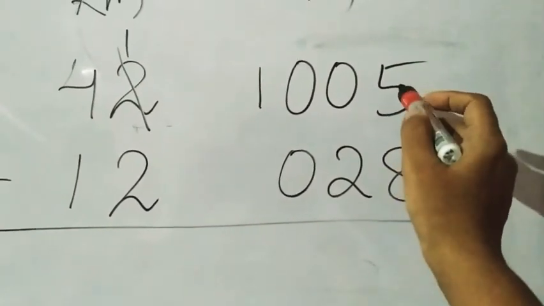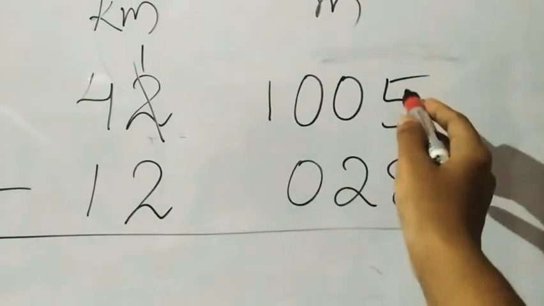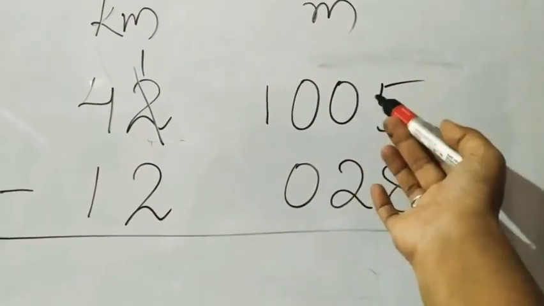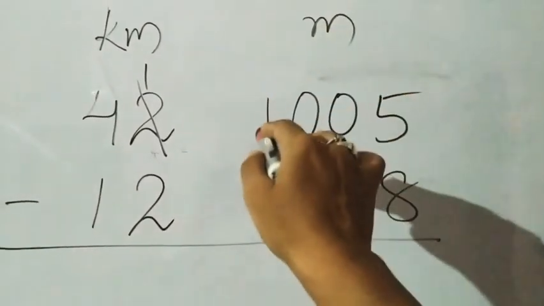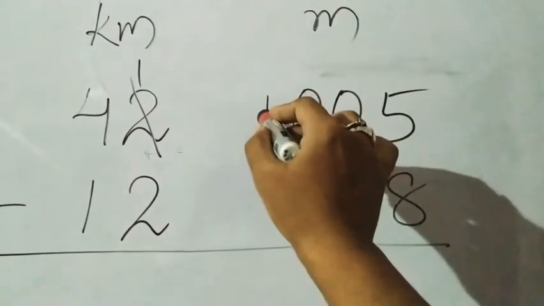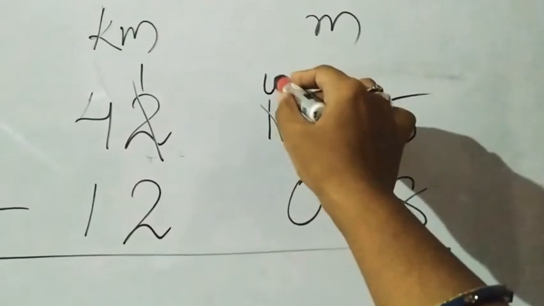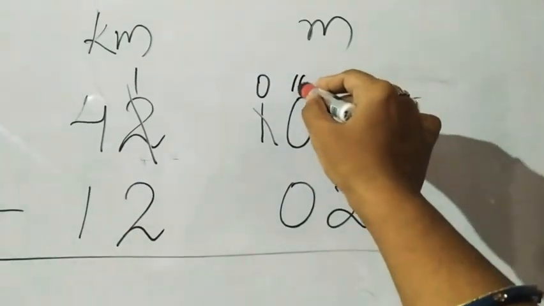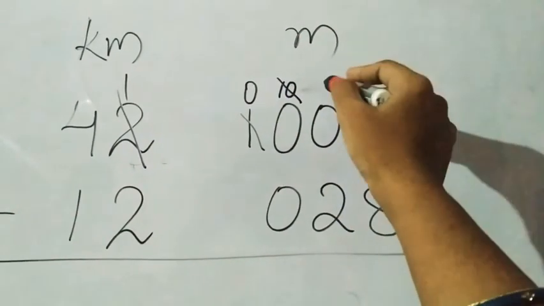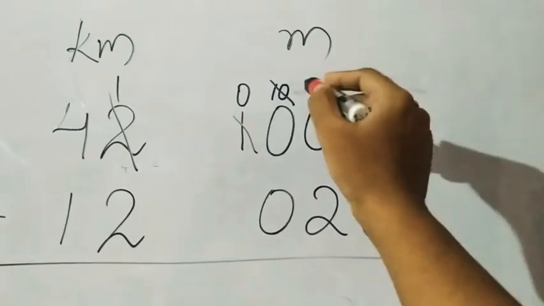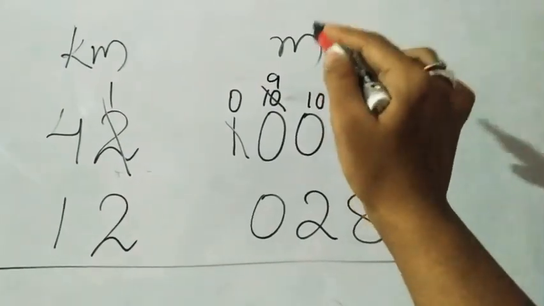How will you do it? 5 will ask the tens place, nothing is there. Tens place will ask the hundreds place, not there. Now hundreds place will ask the thousands place. So from the thousands place you will borrow 1 to the hundreds place, that will become 10. Now from the hundreds place it will be borrowed to the tens place. So here 9 and here 10.